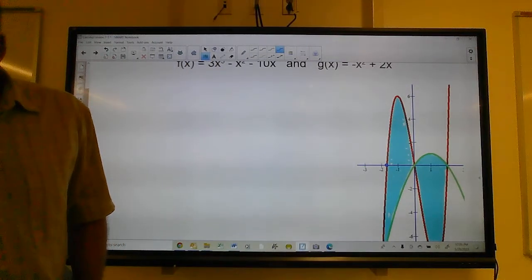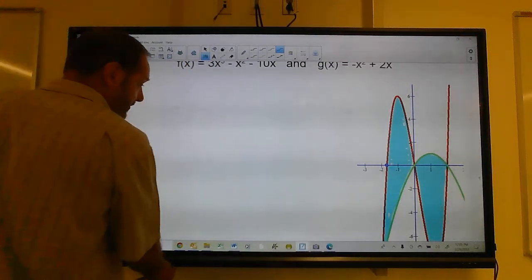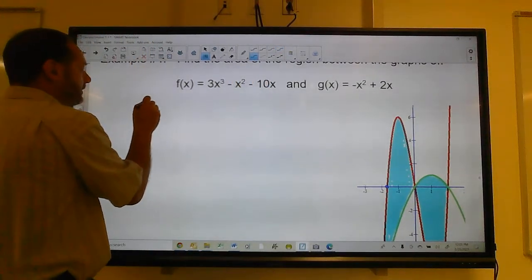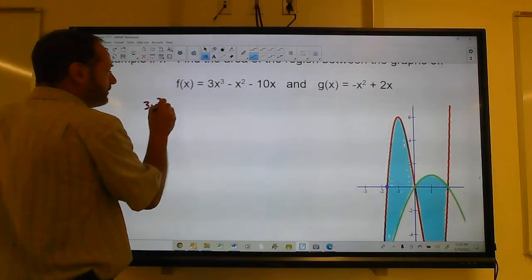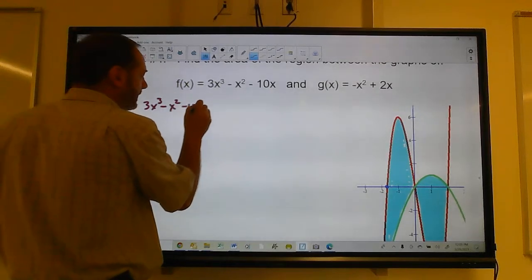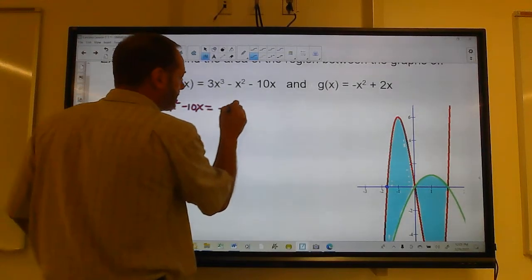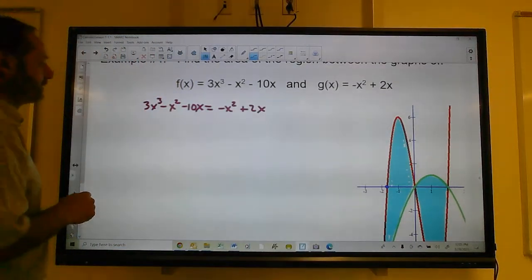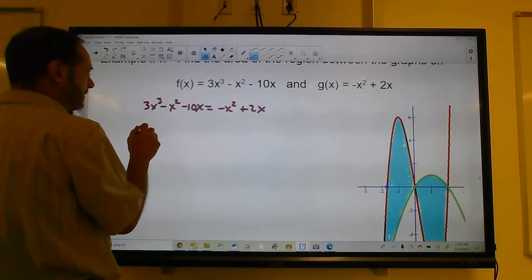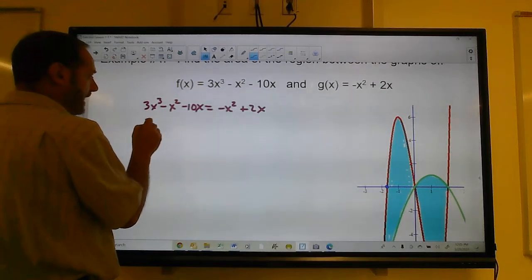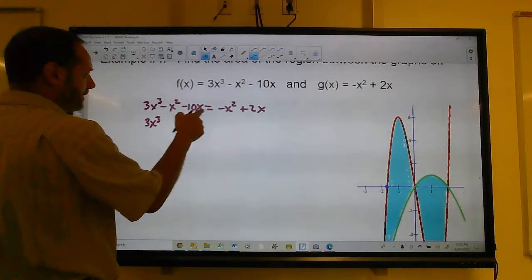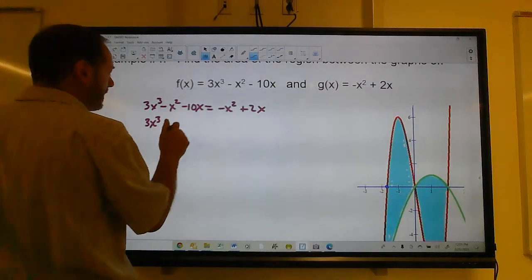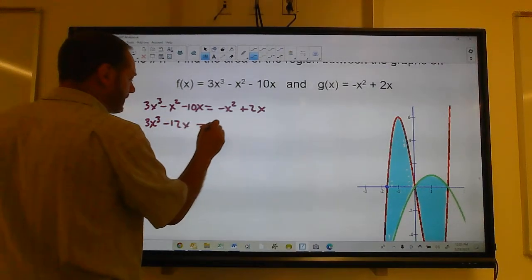Okay, so the first thing we got to do is find out when those things are equal. So we'll take 3x cubed minus x squared minus 10x, set it equal to negative x squared plus 2x, and we'll move this all over here. So this is going to be 3x cubed. The x squareds cancel out, and minus 12x equals 0.